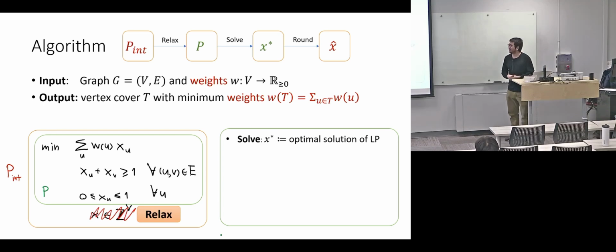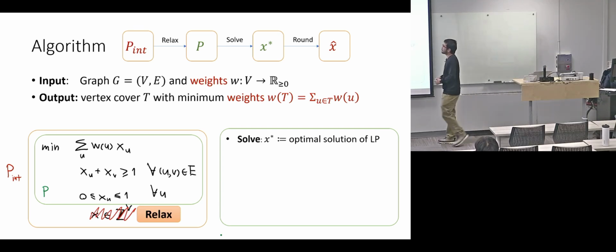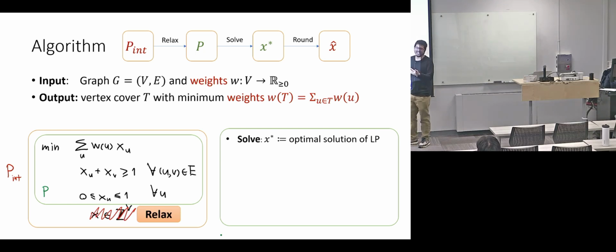Actually, any guess? Intuitively, X star might be, let's say, 0.9 or 0.1. If it's 0.9, then it suggests that maybe you should choose that node because it's close to 1.